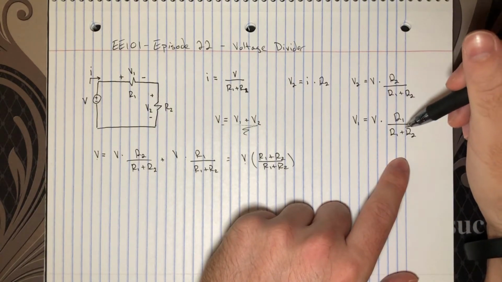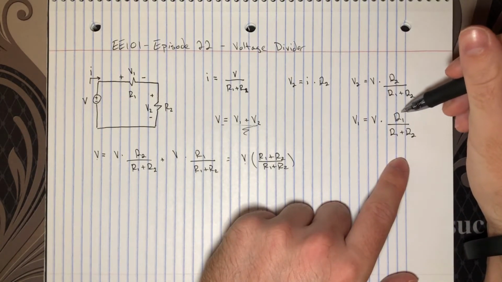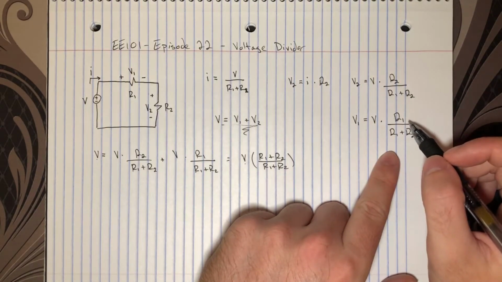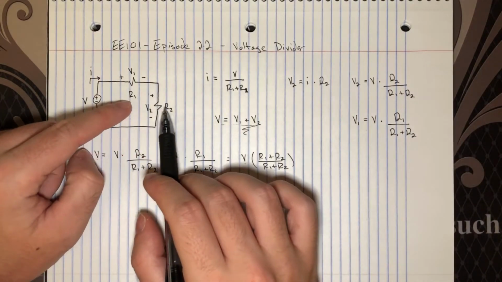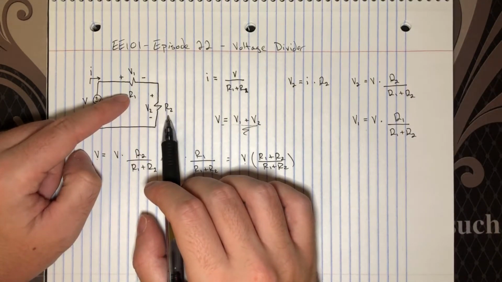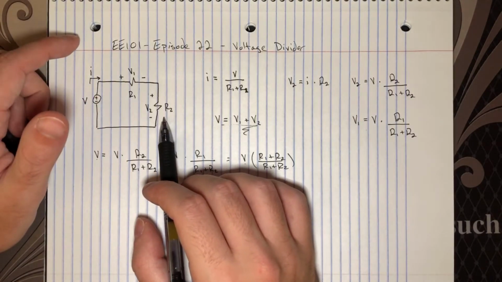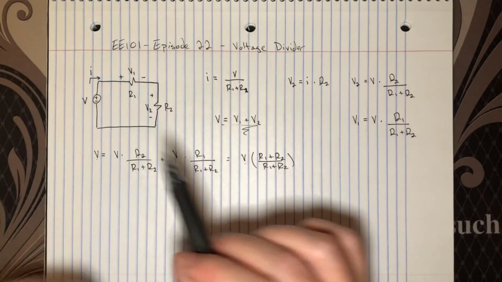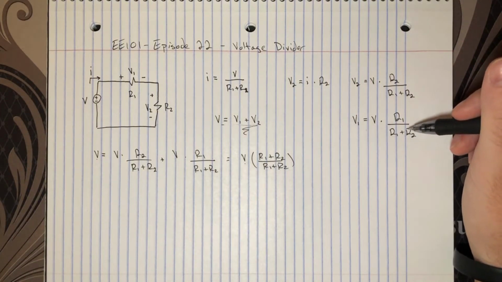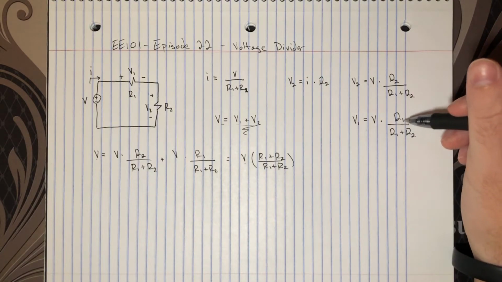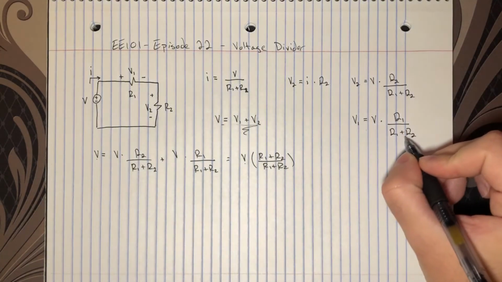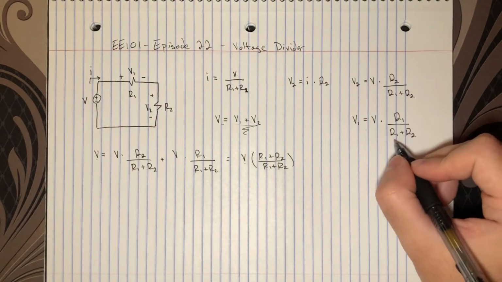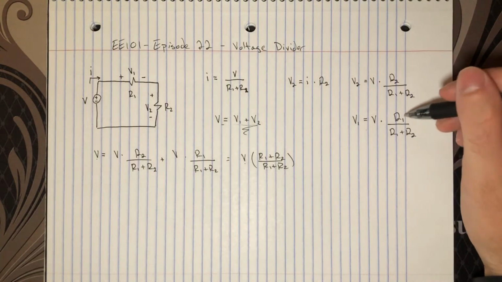But as R1 gets much, much bigger than R2, as R1 approaches infinity, such that no matter what R2 is, it's so small compared to R1, this ratio gets really close to just R1 over R1. Because if the denominator is a very large number plus a very small number, it's basically just the large number. And the top is also just the large number.